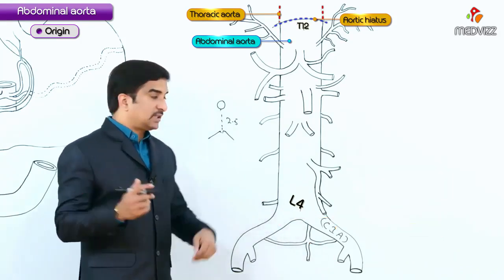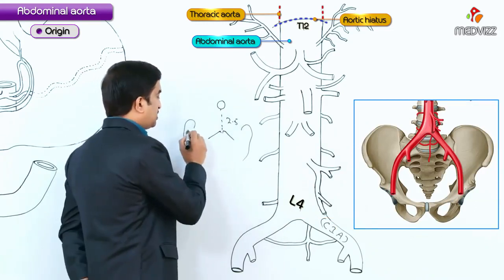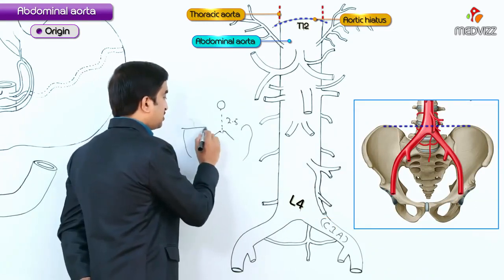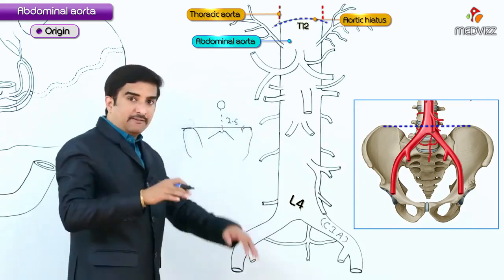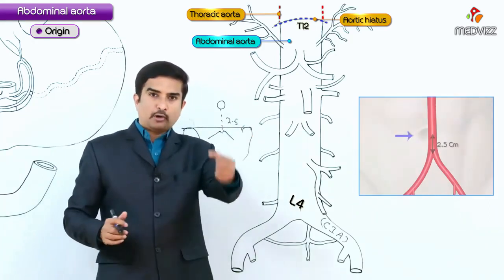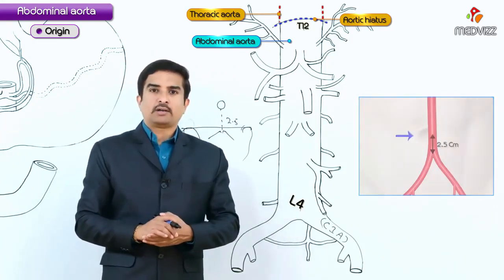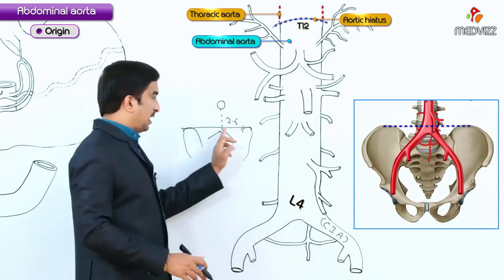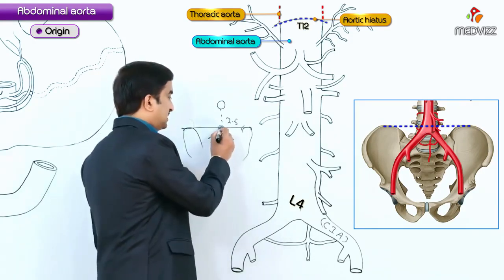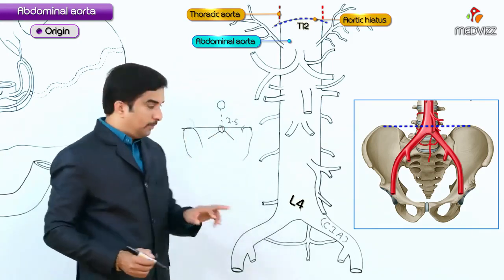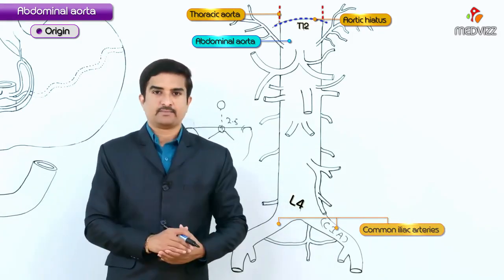Or you can also say, if these are the iliac crests on either side, the highest point of the iliac crest will be the level of bifurcation. So approximately 2.5 centimeters below the umbilicus, or a line extending between the highest points of the iliac crests, is where the abdominal aorta divides into two common iliac arteries.